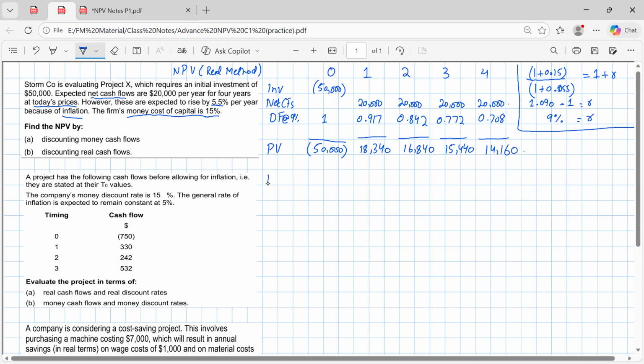Now you can calculate the NPV by summing them all. So, minus 50,000 plus 18,340 plus 16,840 plus 15,440 plus 14,160.